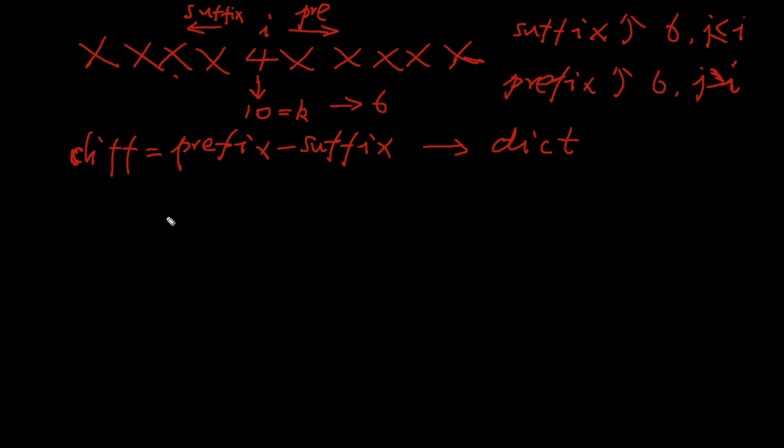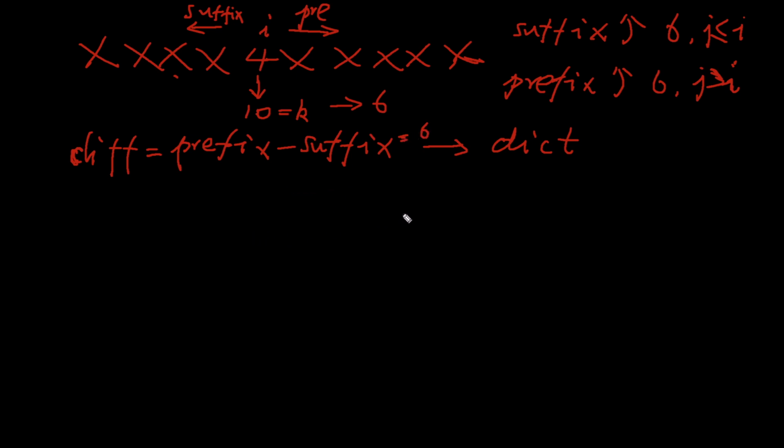Let's say the original difference of some index is equal to 6, then it means that if the suffix is increased by 6, after changing this 4 into 10, this one will become 0, which means we find a pivot, right?